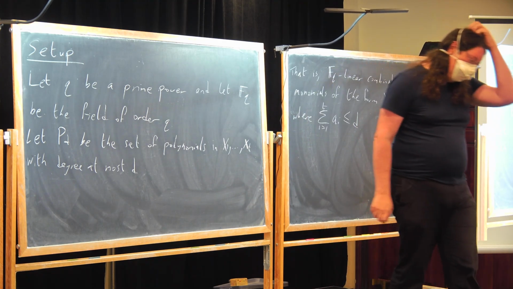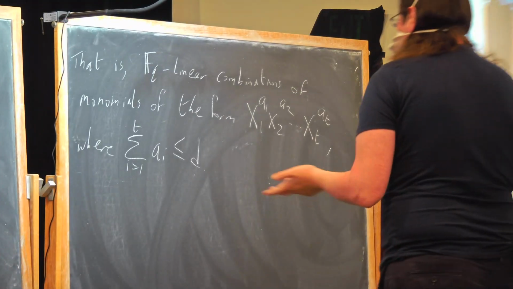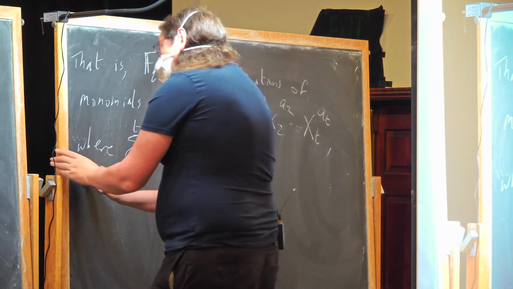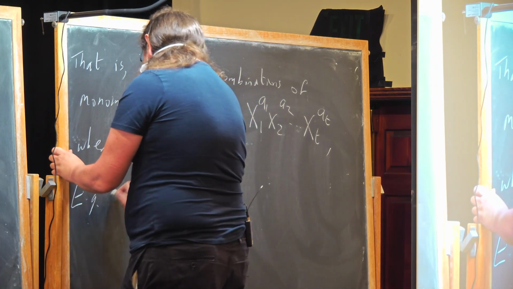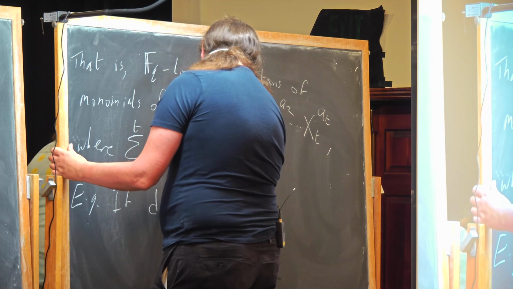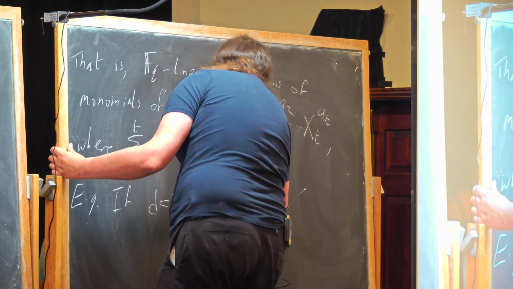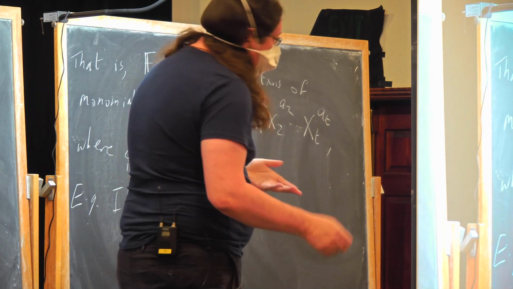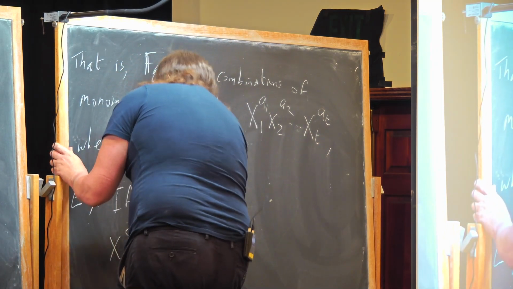To clarify this, let me give an example. For example, if d is, let's say, 3 and t is 2, let me not write out all of the possibilities, but you're going to get things like x_1 squared.